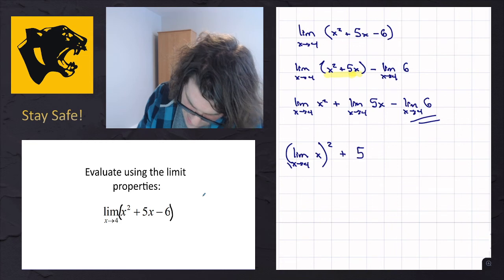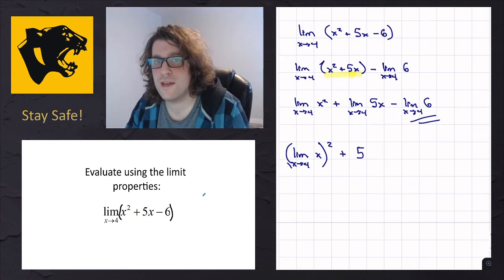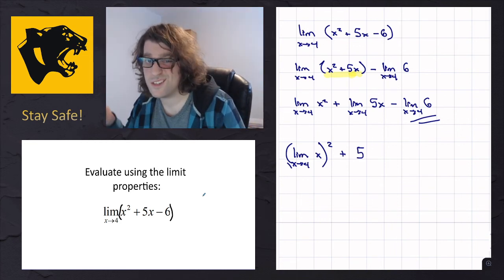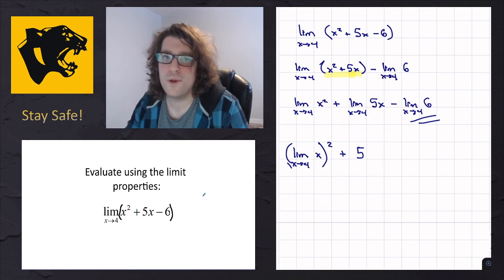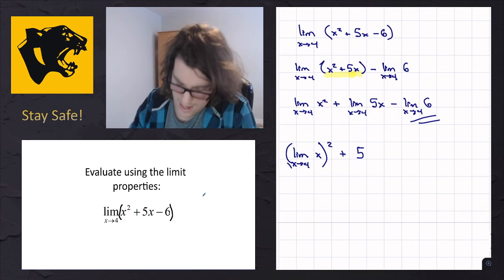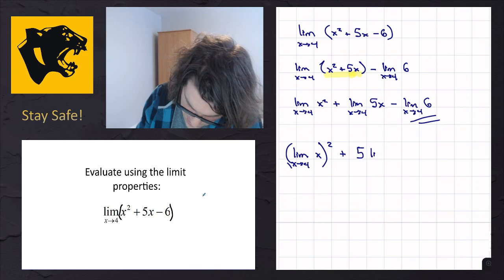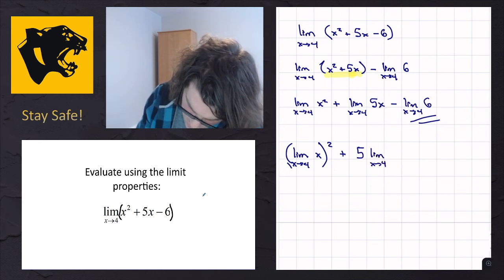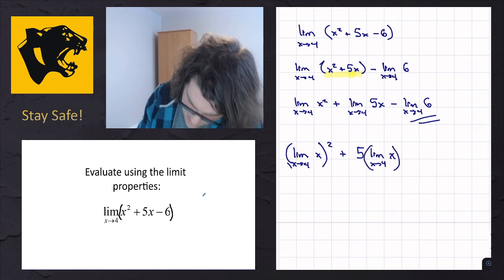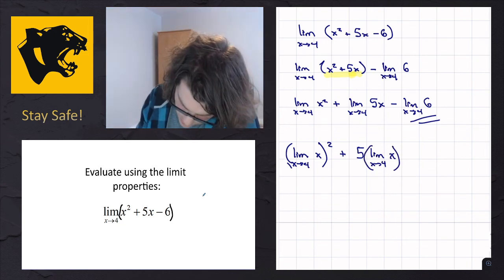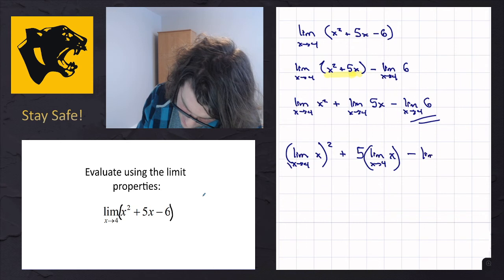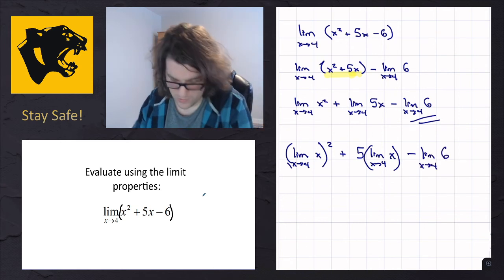Plus, there's a constant multiple rule that says if you have 5 times something else inside that limit, we can take that out front as a constant and evaluate the limit of the other stuff and just multiply by that 5 after we're done. Lastly, this is the one we already said we know how to do. I'm going to just finish it off on the next line. So the limit as x approaches 4 of 6.